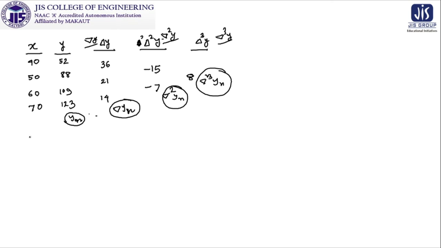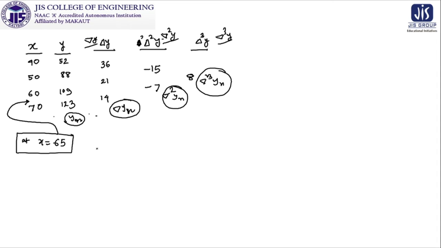So suppose we have the question to find out the value at x equal to 65. Please look at this. X equal to 65 is very close to the lowermost point, and that is why we are deciding that we are going to use Newton's backward interpolation formula.